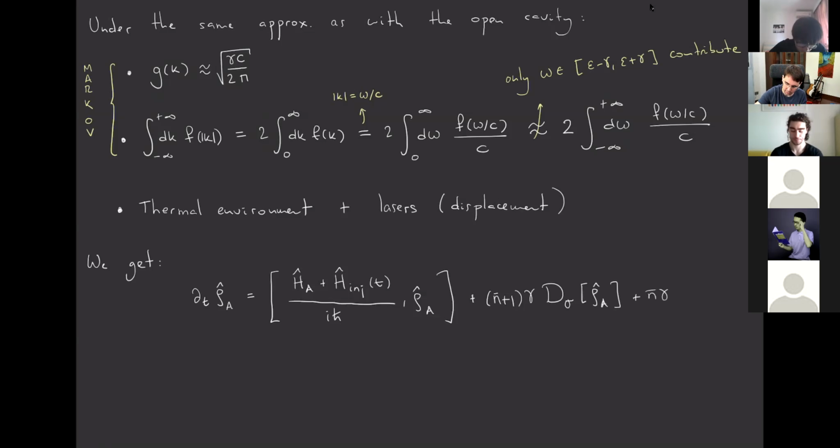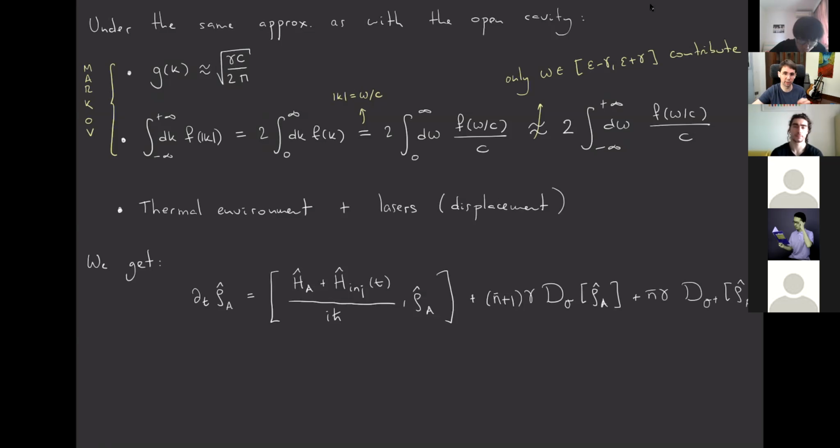And at a rate that will balance out for a thermal state in the asymptotic limit, we get the same kind of Lindblad term, but with the raising operator as the jump operator.